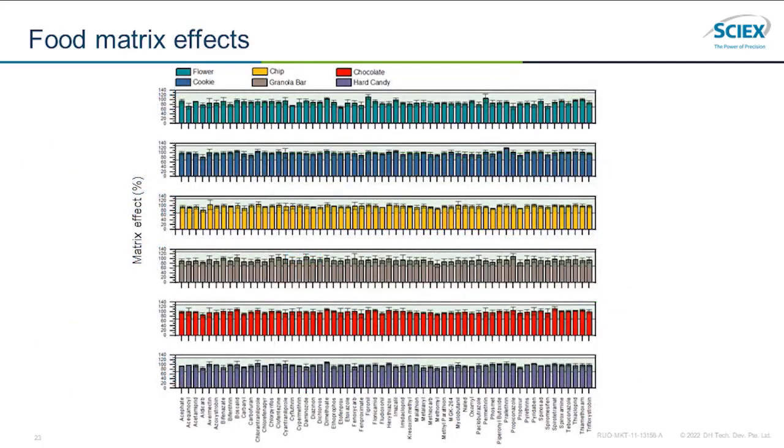And if we just take a look at each one of these compounds in particular, there are a few that you'll want to just keep an eye on in your own methods, specifically things like dimetazide that we didn't talk about would be another one that I would include when you're looking at matrix effects, since that is an extremely polar compound. But overall, everything was within that plus or minus 30%, telling us we're doing a good job and our method is pretty flexible.